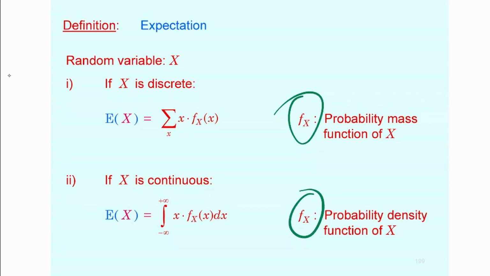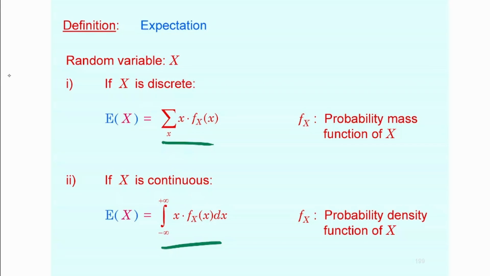I don't want to introduce too many variables. So if x is discrete, then f is its probability mass function, and if x is continuous and has a density, then f is its probability density function. But the structure is going to be the same as that one.